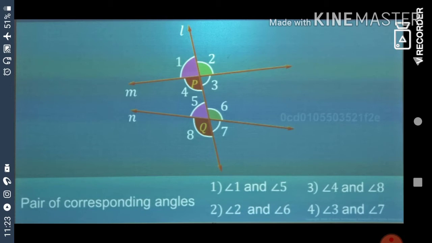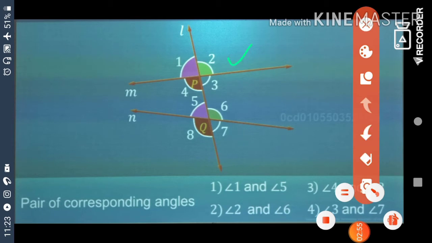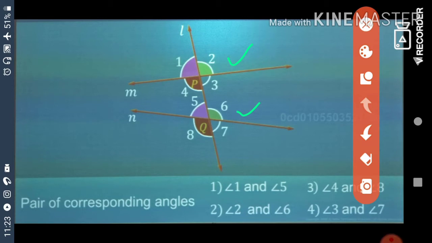So angle 1 and 5 are corresponding angles. In the same way, angle 2 and angle 6 are also corresponding angles, because these are made on the right hand side. These green ones, 2 and 6, are also a pair of corresponding angles, because they are also made on the same side of the transversal, and one is exterior, one is interior.